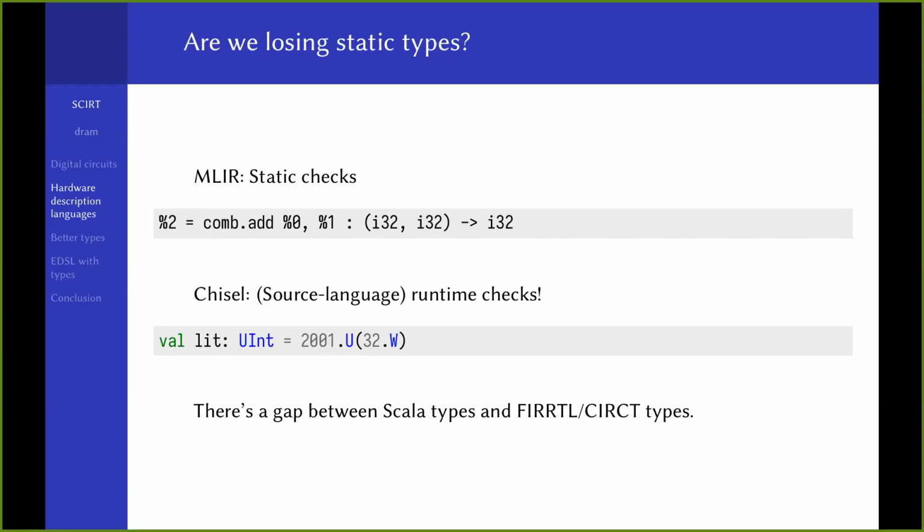And there's a gap between the Scala types and the netlist type. In this case, if Chisel compiles to FIRRTL, it will be missing FIRRTL types. If it's going to MLIR, it will be missing some hardware types, hw.struct, i32, etc.